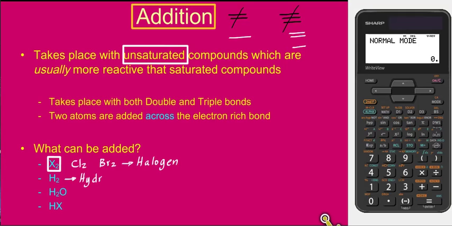I already mentioned that you're adding the hydrogen. If you don't finish, don't worry, we'll finish up tomorrow, because I want you to get hold of this. And then here we're adding water, but they'll call it hydration. Anything that has hydrate is water.